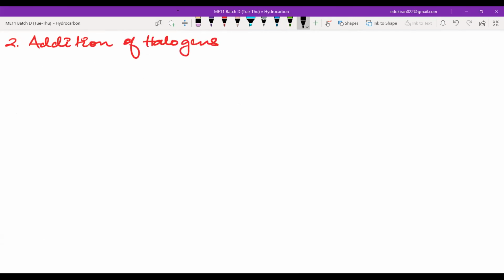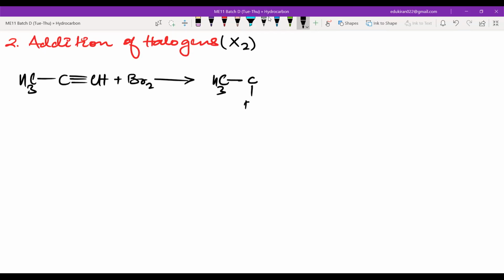Right, next, addition of halogens. Now again, in this case also, you have a simple reaction, because halogens means you will be having X2. Now we have a reagent which is symmetrical. It doesn't matter whether the substrate is symmetrical or unsymmetrical. We don't have to worry about the product. So even if you have, let us say, CH3 C triple bond CH, and I add Br2, then it is going to give me CH3, and this carbon will get a Br, double bond, and this carbon will get a Br.